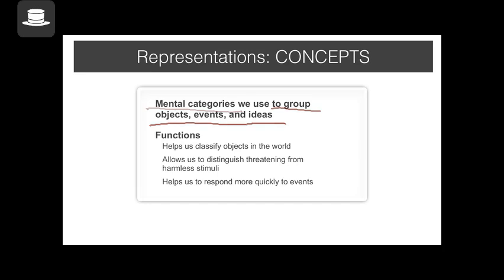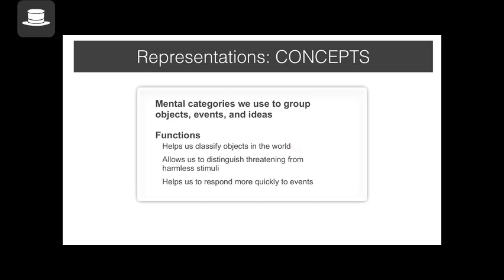And why do we do that? Why do we have a concept for apple or all the objects that we experience in the real world? Well, it helps us to classify objects in the real world. In other words, when you see a new apple, the one that definitely you haven't seen ever in your life, but still you end up saying it's an apple, because it saves your time.